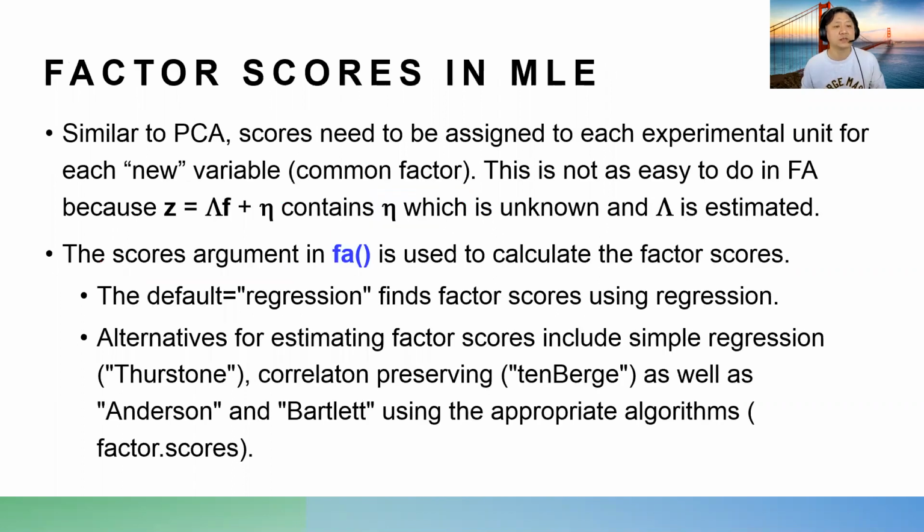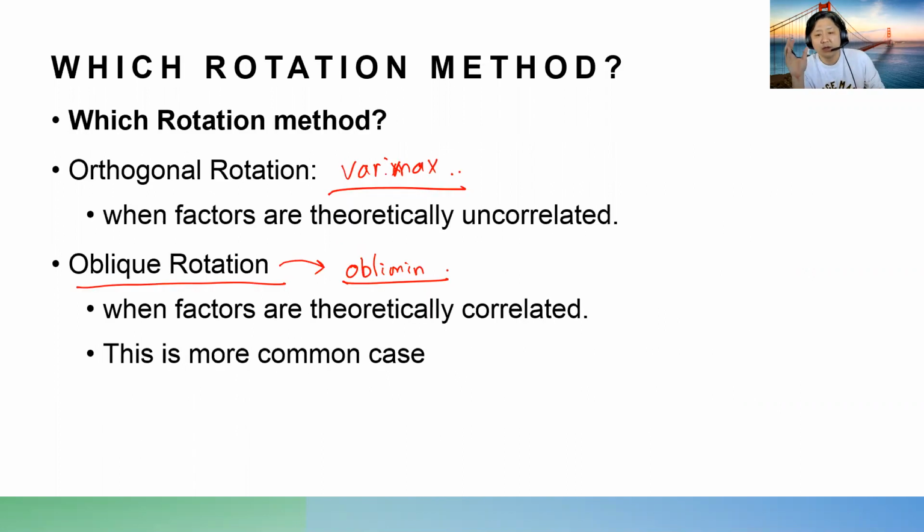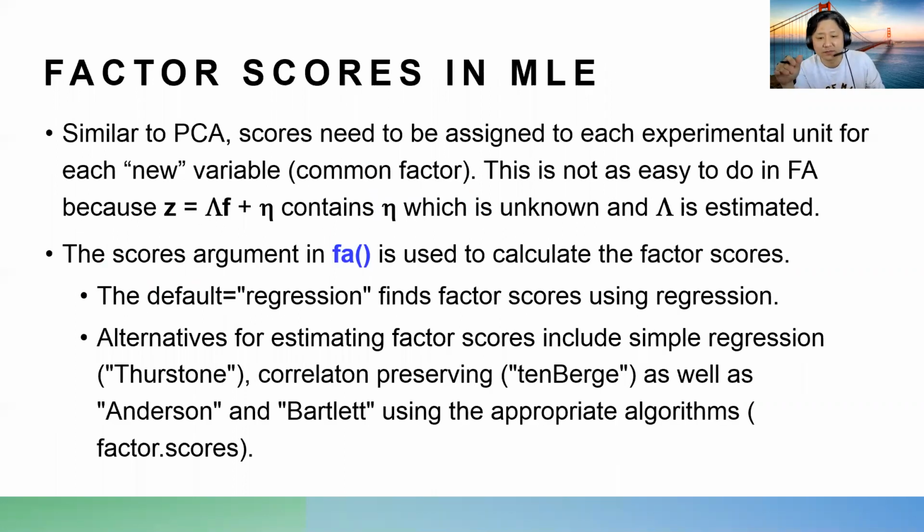And the factor scores in MLE, do you remember we computed principal component scores in PCA? It's the same here. We can also compute the factor scores from the equation. So for example, y equals 0.4 F1 plus 0.9 F2 plus 0.6 F3.